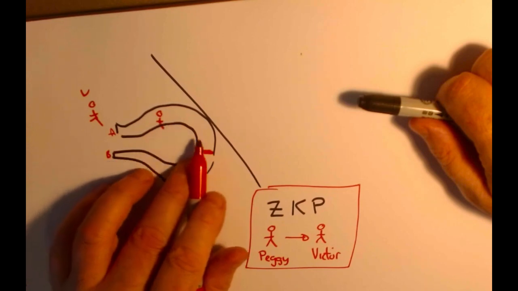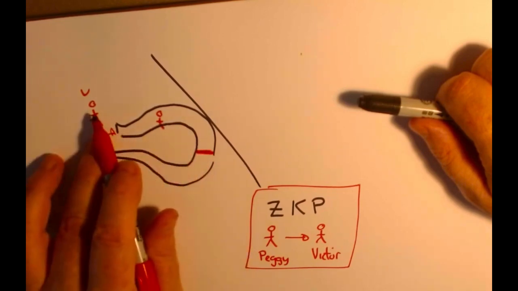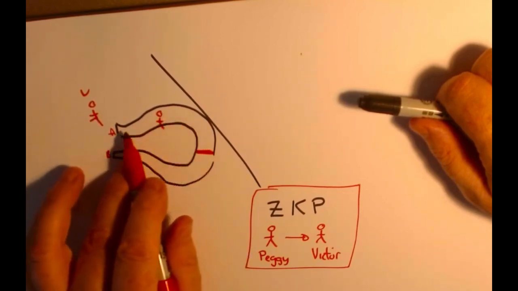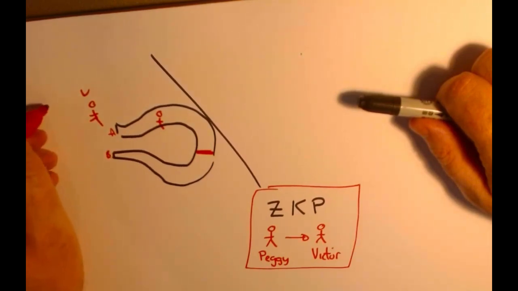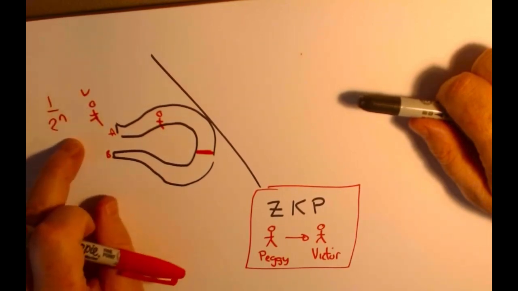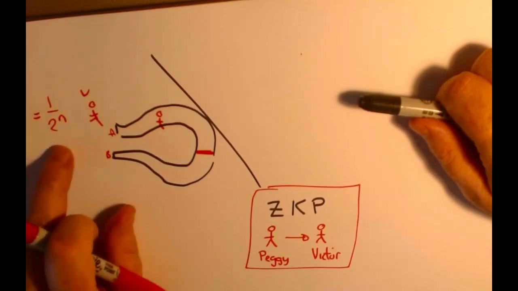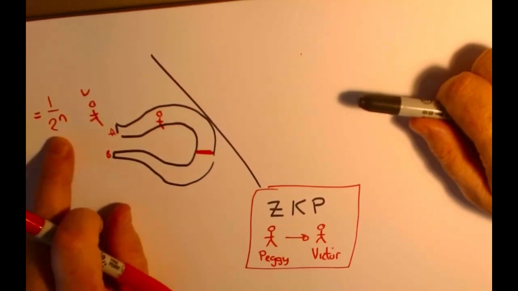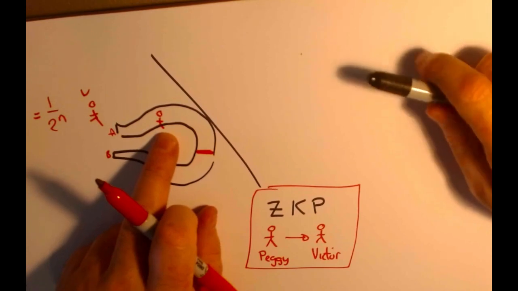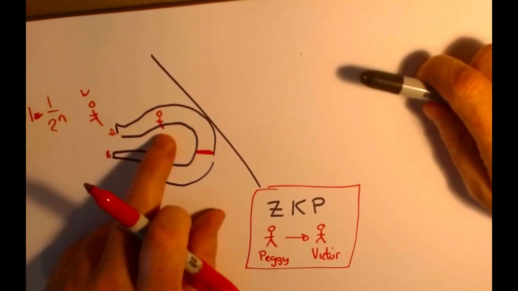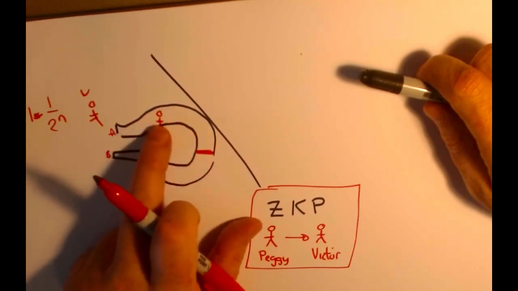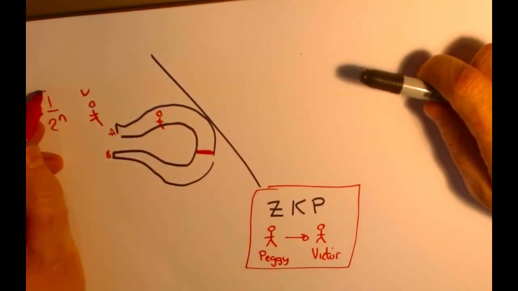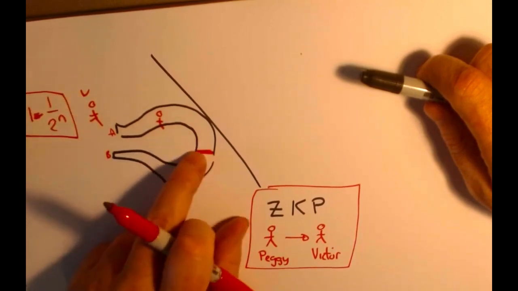So for example, if Peggy went through A and Victor asked for B, then Peggy could not appear out of B. In this case, it's really 1 over 2 to the power of n is the probability that she is cheating, and 1 minus this is the probability that Peggy knows the secret password here.